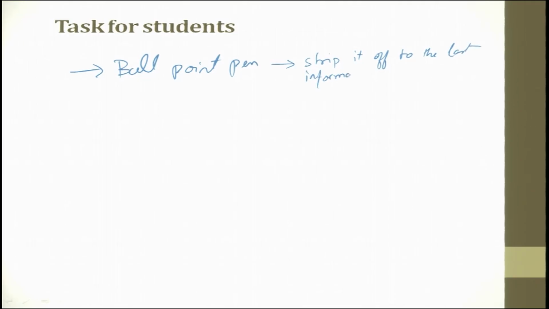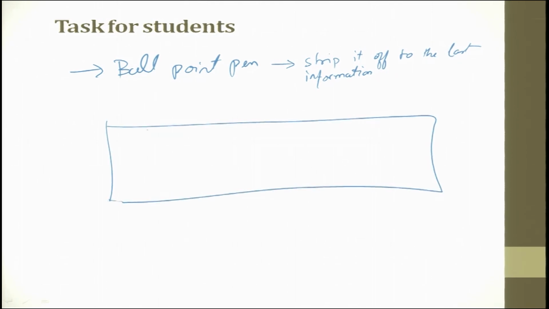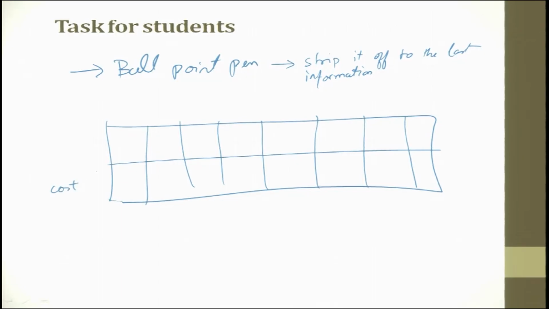For example, you remove all the parts, keep them in front of you, then put a small note, so for example, here you put the cost, here you paste the part. Something like this. So here you will start putting approximate costs, whatever is known to you.